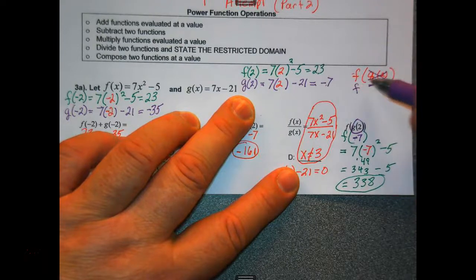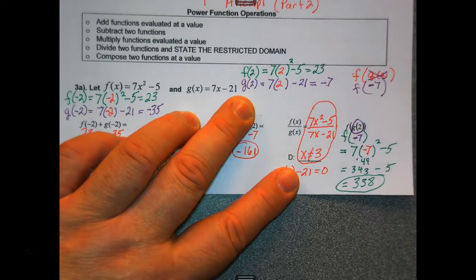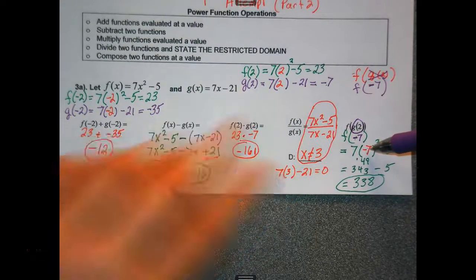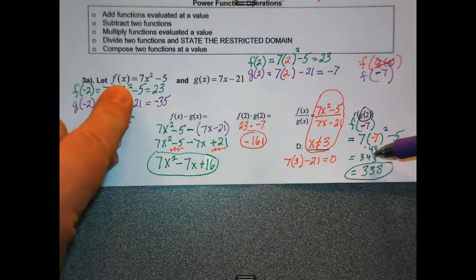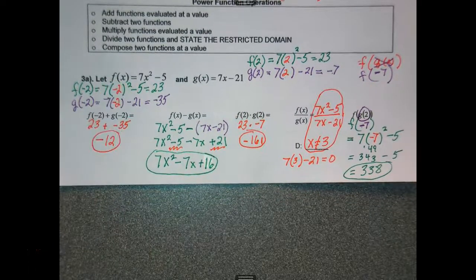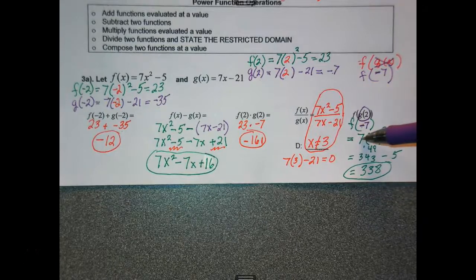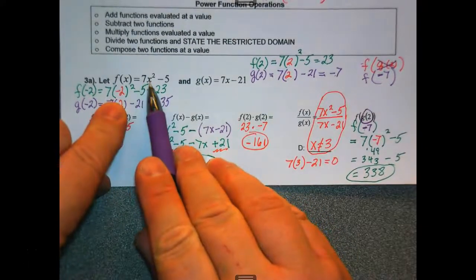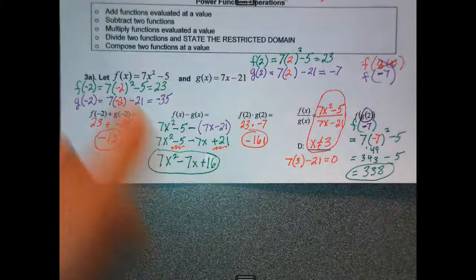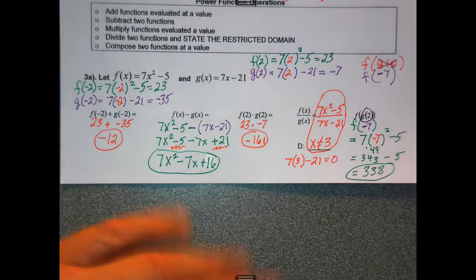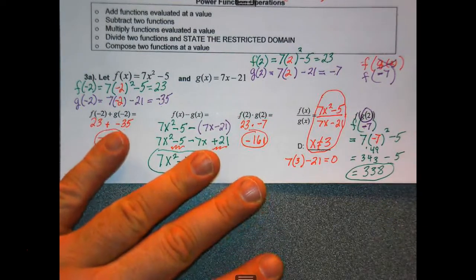So I have the f of negative 7 I have to find. And that's what I did. I substituted in negative 7 for x in the f of x, and I got 338. Yeah, it was 7 times x squared. Got it?